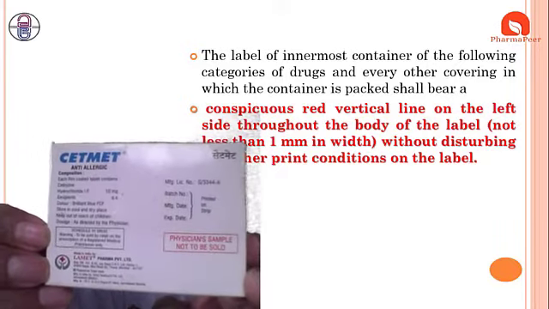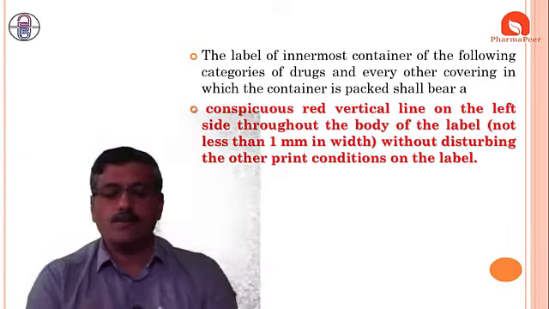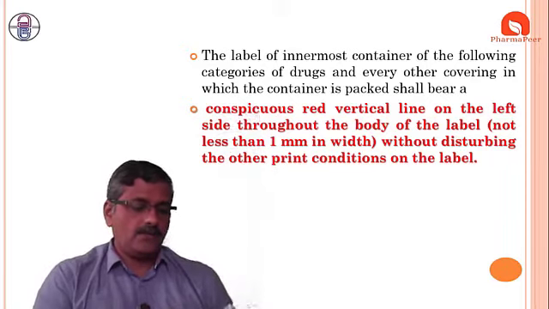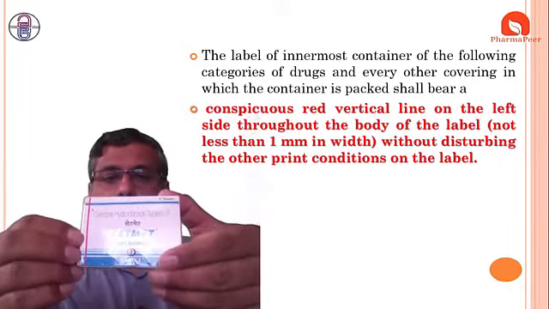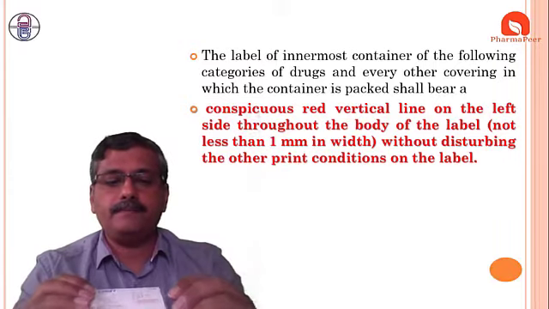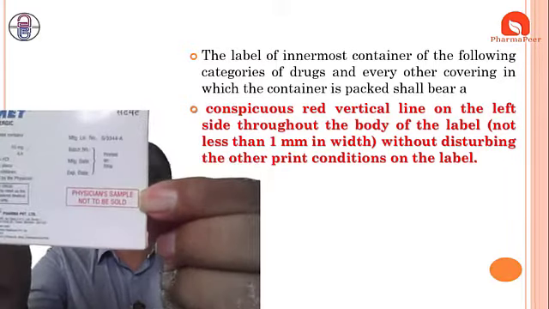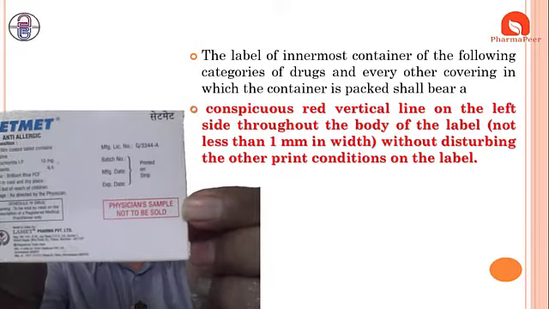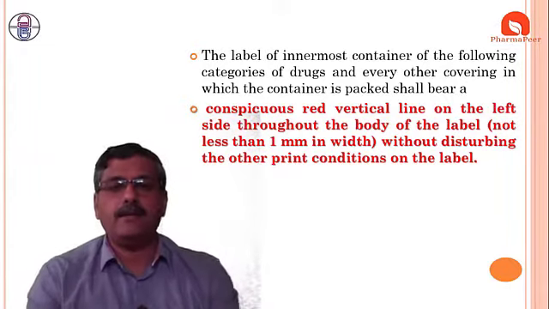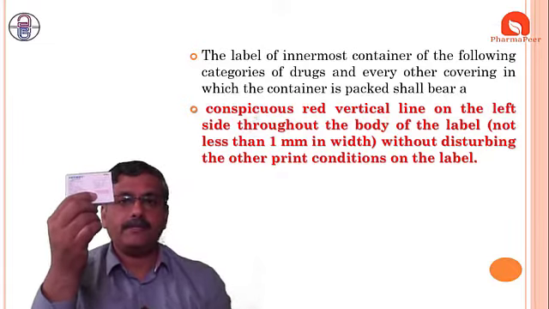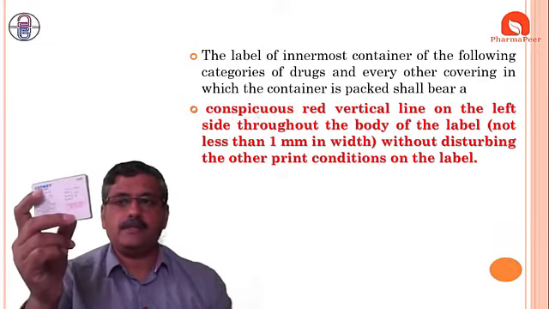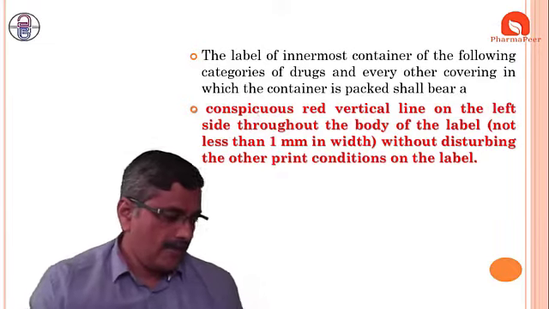The scheduled drug should specifically have this conspicuously red mark. Also, one point is mentioned as physician sample not to be sold, which in the earlier slide we had seen as specific information. So this is about some tablets as well as some bottles.